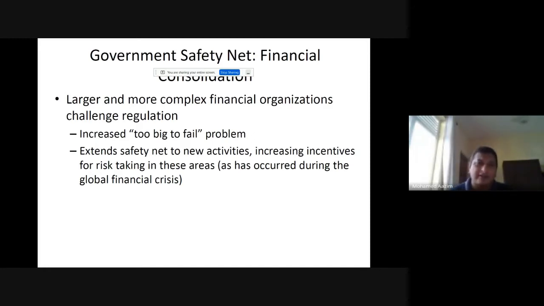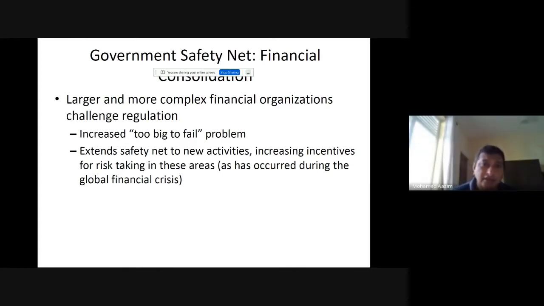So what I'm simply trying to say is, yes, safety net is good. Safety nets create a lot of positives for financial intermediation and people's confidence in it. But at the same time, this could create moral hazard and adverse selection problems.